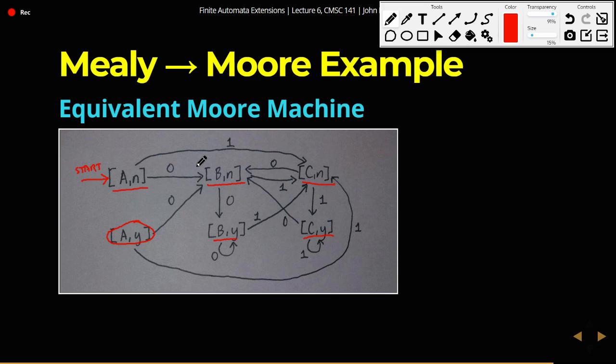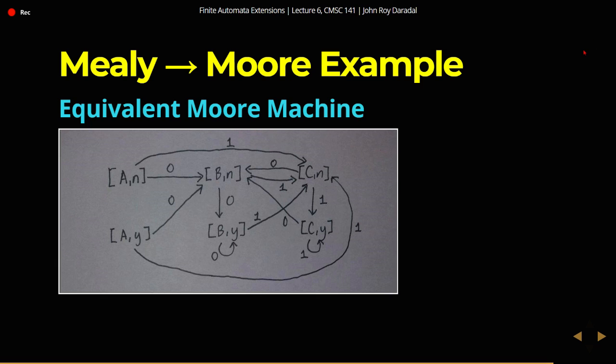Because there are no transitions going into AY. So this is actually unreachable. So we will remove AY because it's unreachable. So we'll also remove all the transitions associated with AY, and that will clean up our final Moore machine.